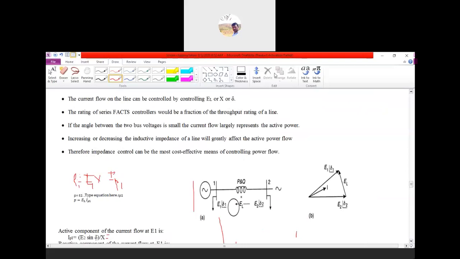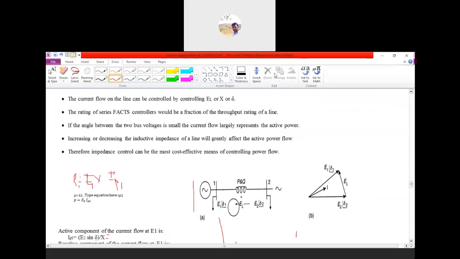We are increasing the current in the transmission line as well as the voltage. By using series injectors we are increasing the voltage in the transmission line.